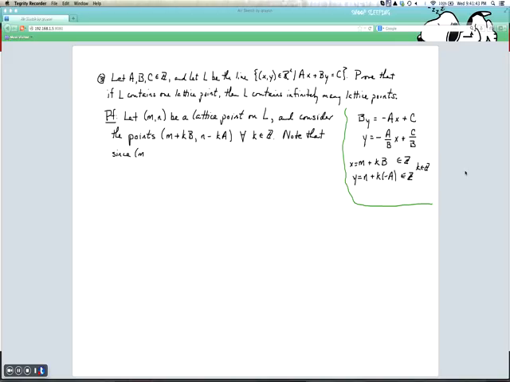Note that since (m, n) is on L, then am plus bn equals c. In other words, if I plug those in for x and y, it satisfies the equation.